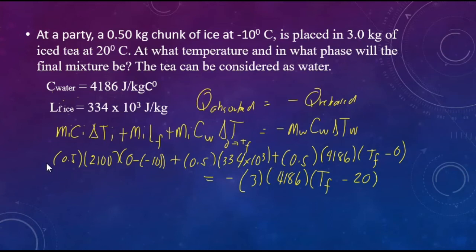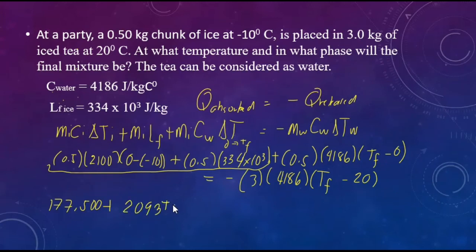So you can see here, we were able to solve these two terms earlier. So that is 177,500. Okay? Then we have the unknown. Okay, so let's continue. We have 177,500. And then this term 0.5 times 4186 times TF, that will be plus 2093 TF.